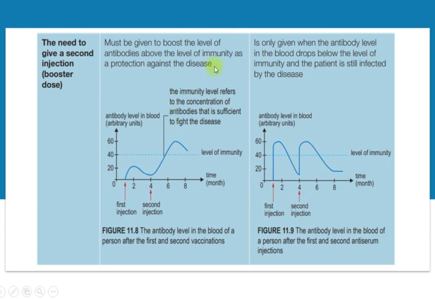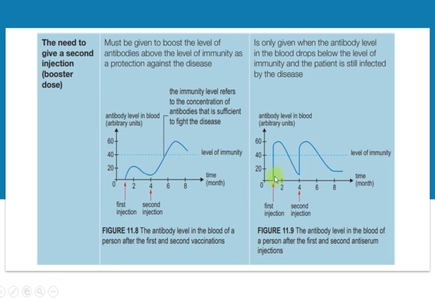For artificial passive immunity, the booster dose is only given when the antibody level in the blood drops below the level of immunity and the patient is still infected by the disease. As you can see from the graph, this is the first injection.